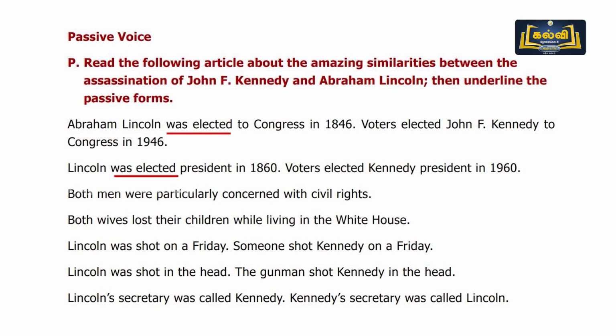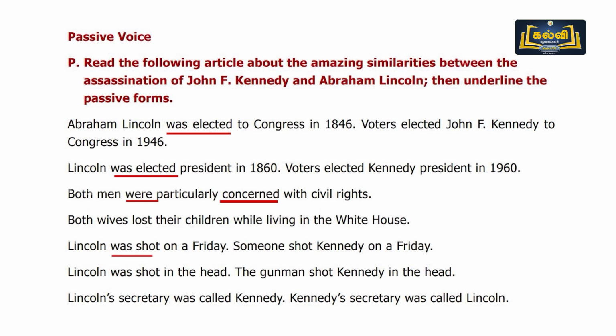Both men were particularly concerned with civil rights. So, here were particularly concerned is the passive form. Both wives lost. See, here you see both wives lost. Here also the auxiliary verb is missing. This is the active form. Their children while living in the White House.